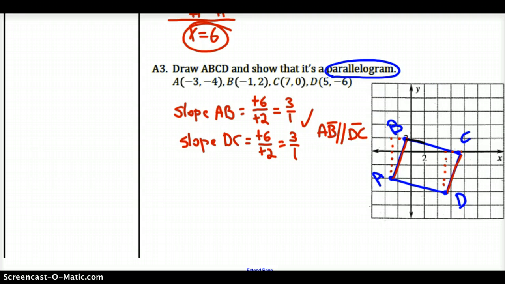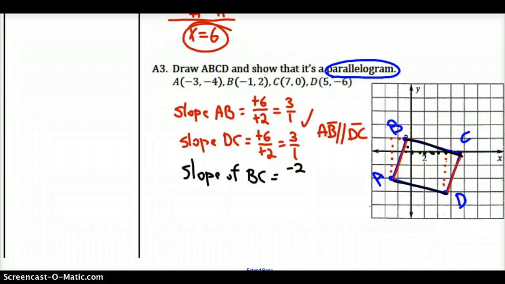Now let's take a look at these two. So now the slope of BC. It looks like I'm going down 2 and then right 8.